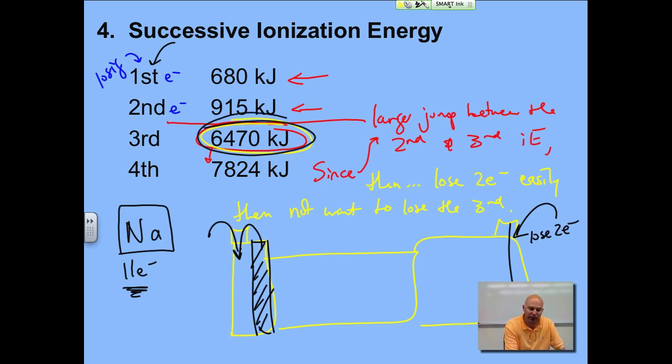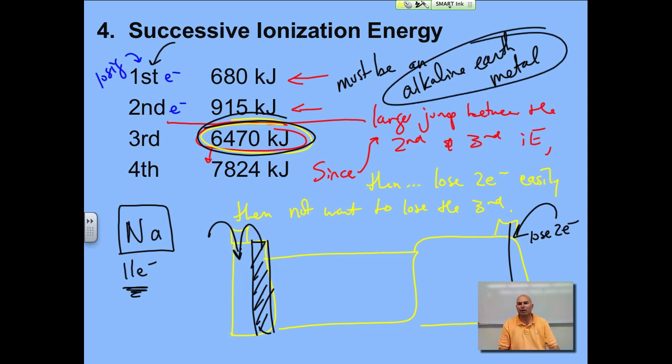Since there's a large jump between the second and third, it must be an alkaline earth metal. If there were a large jump between the first and second, it would have been in the alkali metals.